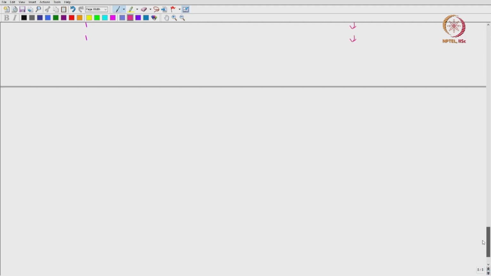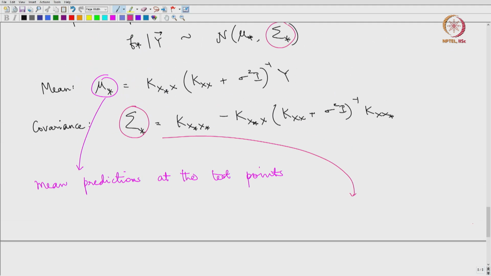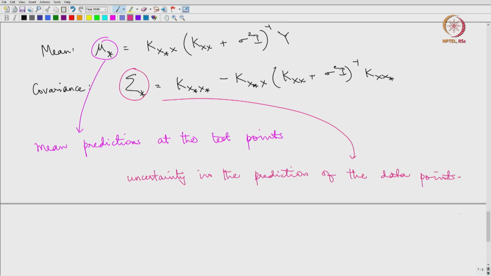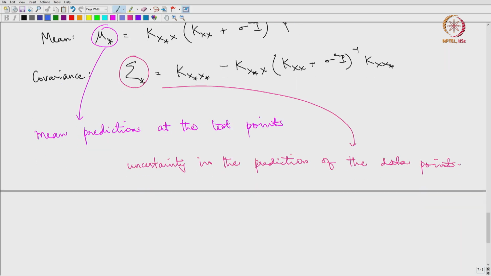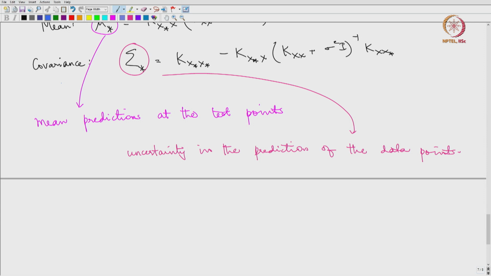So, that represents the uncertainty in the prediction of the data points. So, this is the error estimate which a Bayesian framework provides you in terms of the predictions that you make.